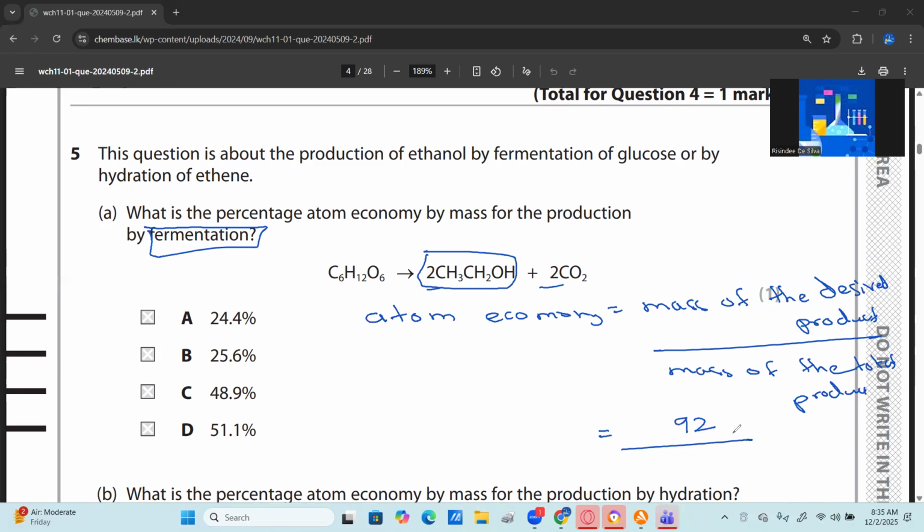Then the total mass of the products will be 92 plus 88, which is 180. Then out of 180, only 92 is ethanol. Then we need to find it as a percentage. We are getting it as 51.1%, and the answer is D.